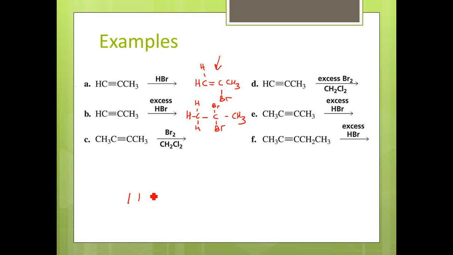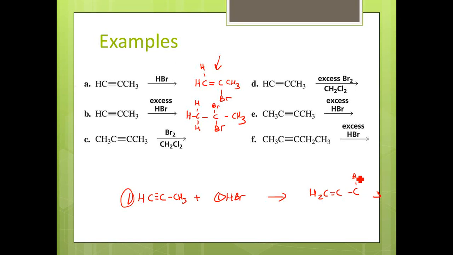So if I were to do this reaction with just a 1-to-1 reactant, I'm going to write this down here. If I had 1 mole of the alkyne and exactly 1 mole of HBr, I'm not going to get just the alkene.